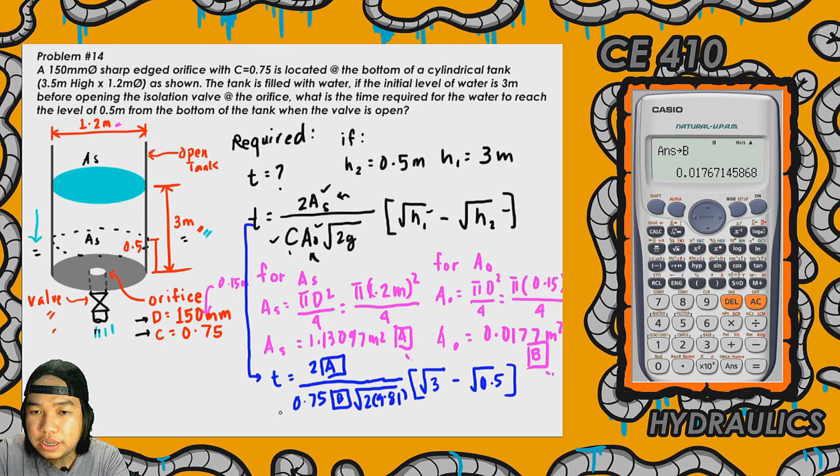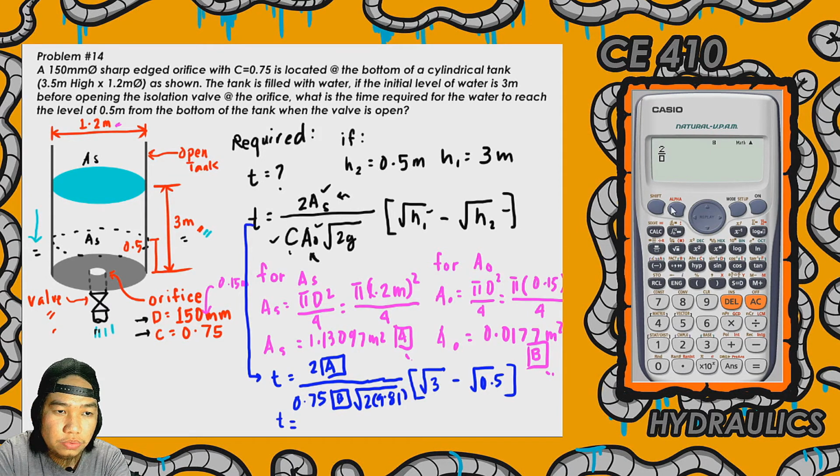So, input na natin sa calculator ulit. So, this is 2 multiplied to A. Then, 0.75 multiplied to B. Multiplied to the square root of 2 times 9.81 multiplied to the square root of 3 minus the square root of 0.5.